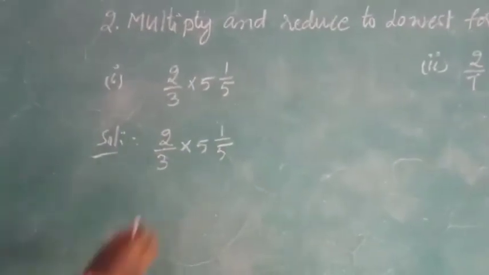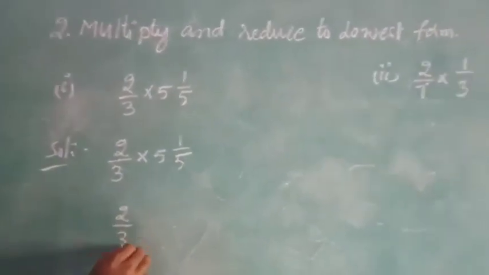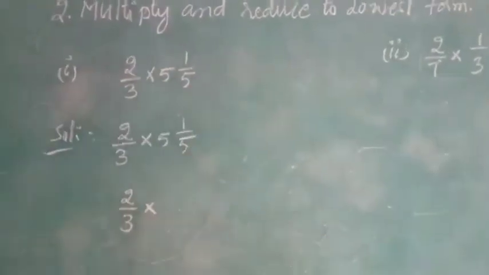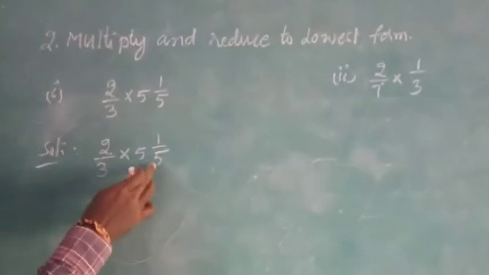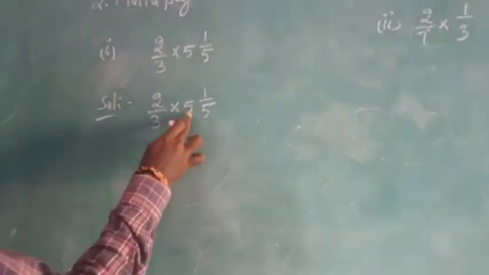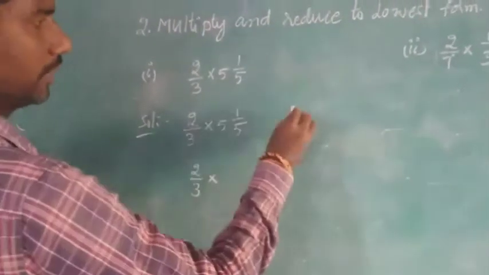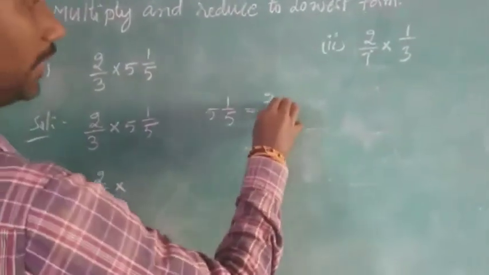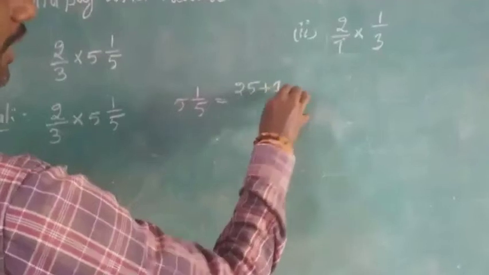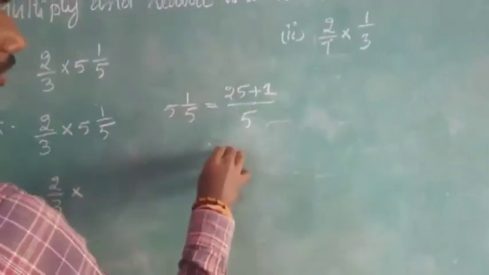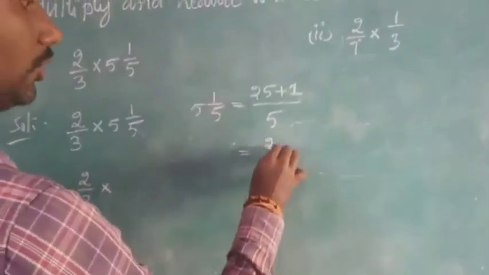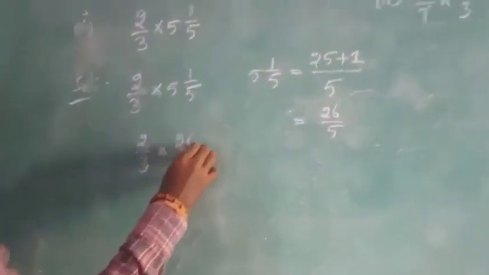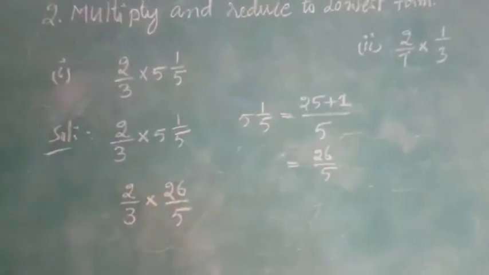This mixed fraction you are going to change into an improper fraction. 5 5s are 25, 25 plus 1 upon 5, that is 26/5. So the answer here is 26/5.